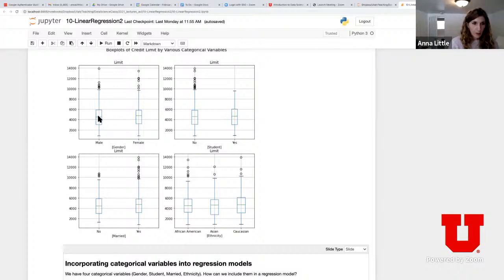What a box plot does is it plots the median, or the 50th percentile, in green, and then it plots the 25th percentile and the 75th percentile, the quartiles here.